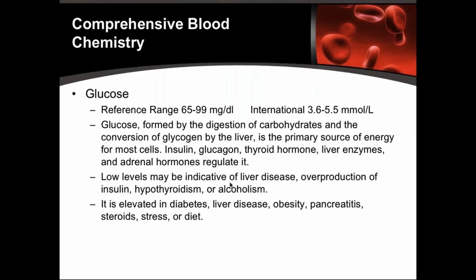Alcoholism is also something, as we've already mentioned, that affects gluconeogenesis. Glucose is elevated in diabetes, as you know, and let's say that in a more universal way.